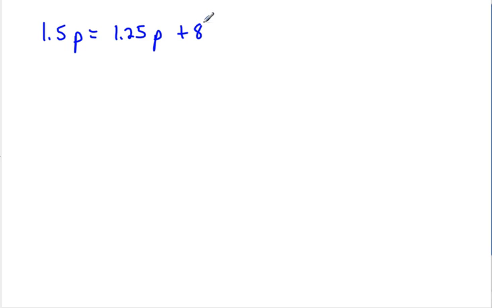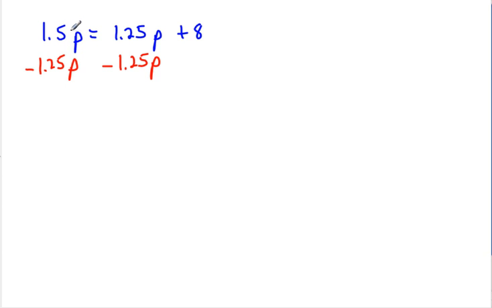Here we have a similar situation. We have the p on both sides. Here we have decimals, so that might make it a little more difficult, but it shouldn't. So I'm going to subtract 1.25p from both sides.